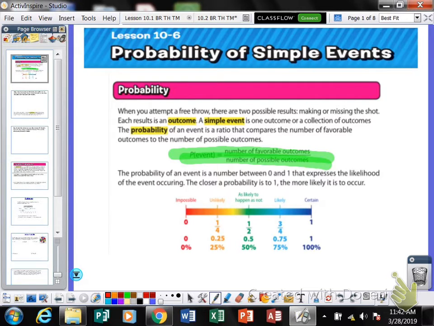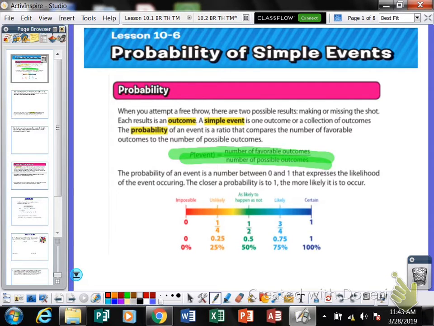The probability of an event is a number between 0 and 1 that expresses the likelihood of the event occurring. The closer the probability is to 1, the more likely it is to occur. If we get 0%, it's impossible. If we get a 1/4 chance or 25%, it's unlikely.